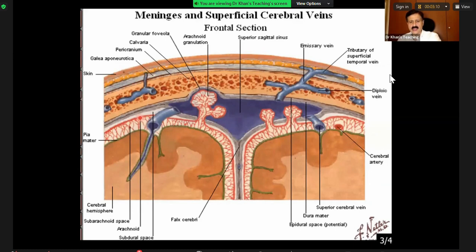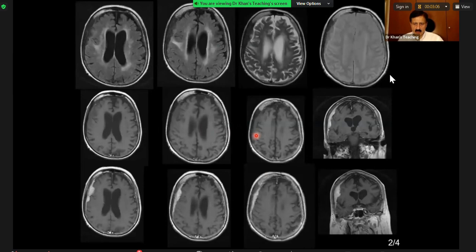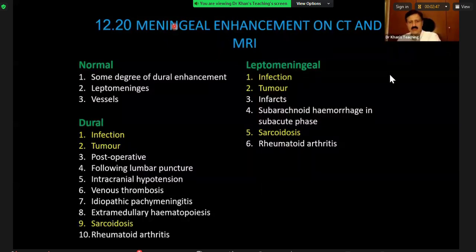Now, the key thing here is, in this particular case, look at the marrow. Look at the diploic space on the T1 weighted sequence, where the marrow is normally high signal. You can see that normal marrow is gone. This thing then enhances, you can see it is going inside. So this is dural metastasis. This was meningeal enhancement on CT and MR, which can be dural and leptomeningeal.